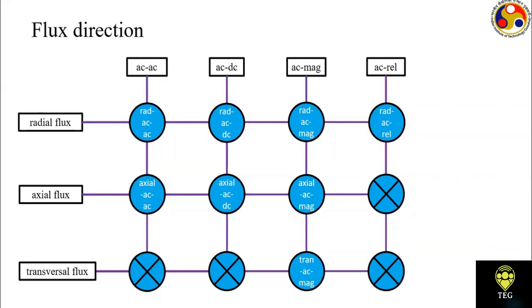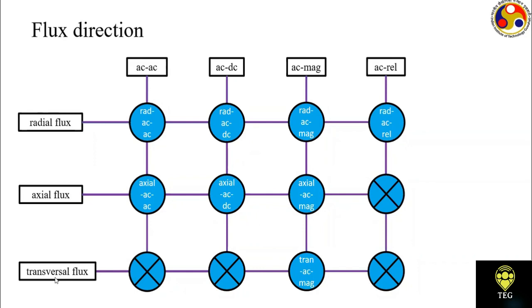I'll explain with the help of figures, because the mathematics will become too complicated, so we will avoid the mathematical part. But you have to keep in mind that if you have a radial direction of the magnetic field inside the machine, then you cannot have a motor which can produce reluctance torque. It's not feasible.